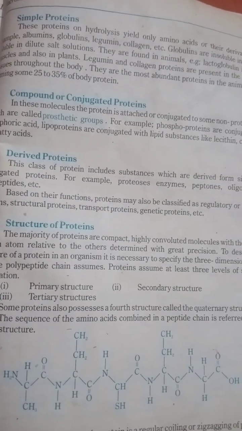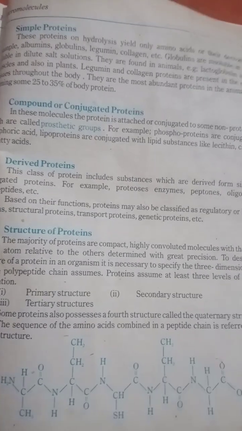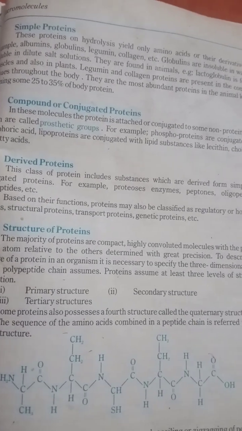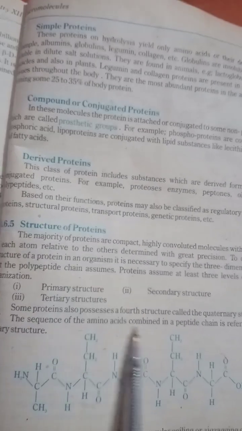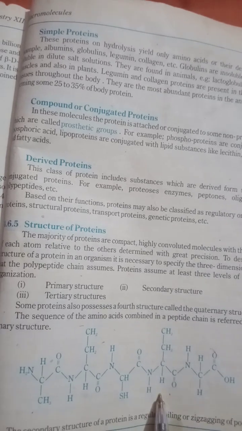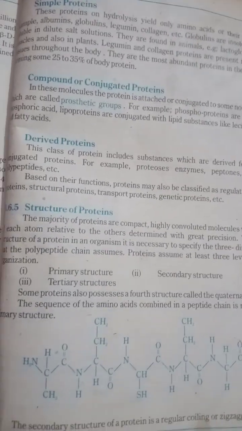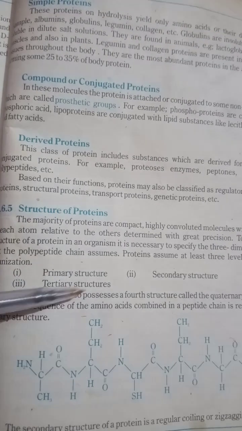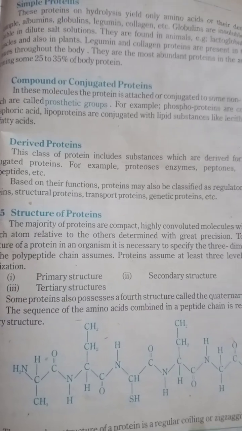As far as the structure of proteins is concerned, these are of three types: primary structure, secondary structure, and tertiary structure. In the simple primary structure, peptide bonds are present between the amino acids. Some proteins also possess a fourth level.